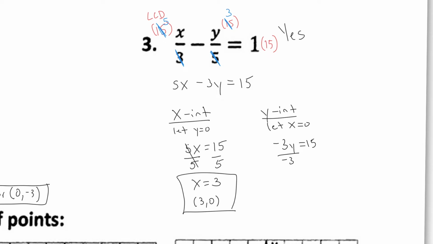Divide by negative 3, and we get a y-intercept of negative 5. So as a point, you can say it's 0, negative 5, or you can say y equals negative 5. So when you graph this line, it is going to cross the x-axis at positive 3 and the y-axis at negative 5.